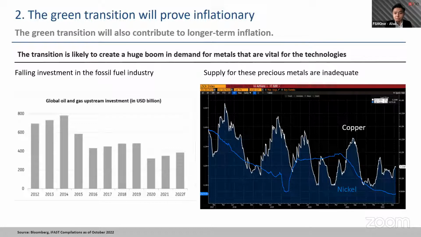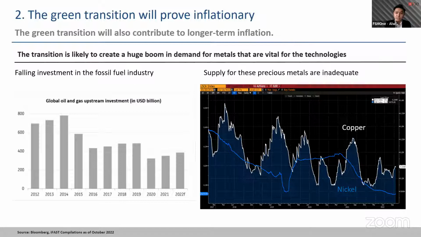According to the IMF, nickel and cobalt are vastly inadequate to cater to future needs, and their supply and demand gap is around 66%, which means demand is higher than supply by 66%. Meanwhile, copper and lithium are also vastly inadequate, with a supply and demand gap of around 30 to 40%.